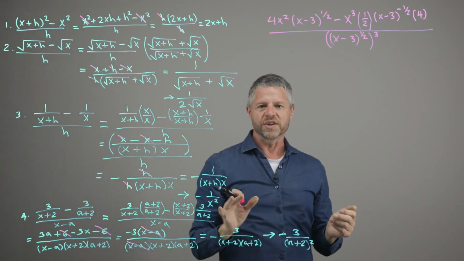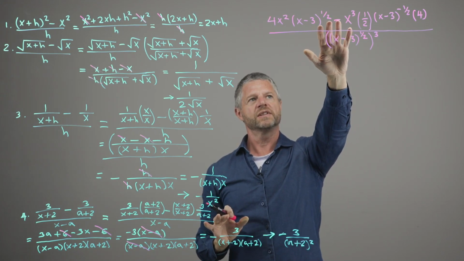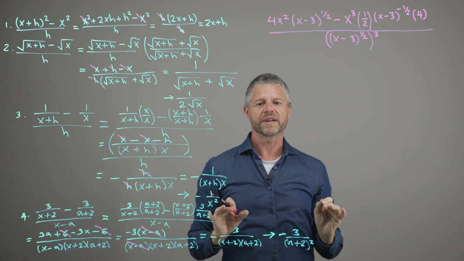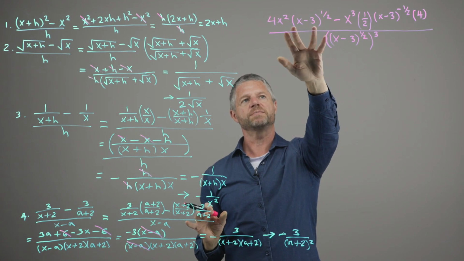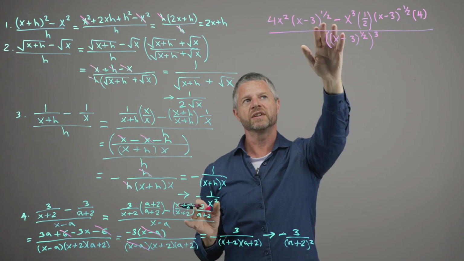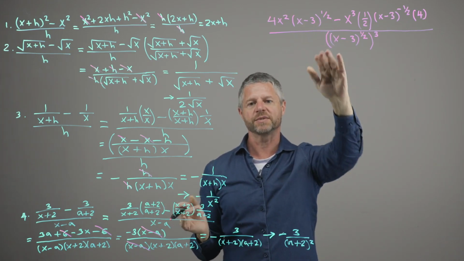It's often a good idea whenever you see fractional exponents like this to try and get rid of them somehow. And one way to do that is if I was to multiply this piece of the expression by x minus 3 to the half, then x minus 3 to the half times x minus 3 to the half would be just x minus 3.